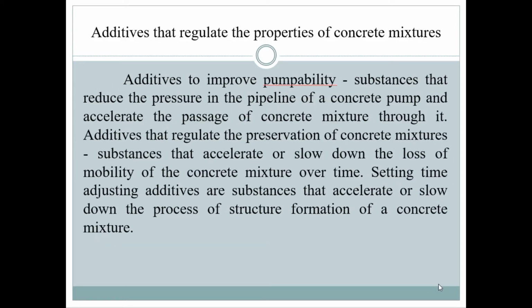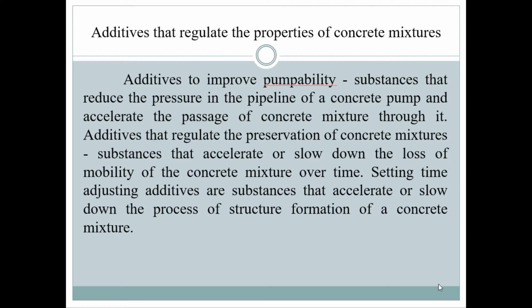Additives that regulate the properties of concrete mixtures. Additives to improve pumpability are substances that reduce the pressure in the pipeline of a concrete pump and accelerate the passage of the concrete mixture through it.